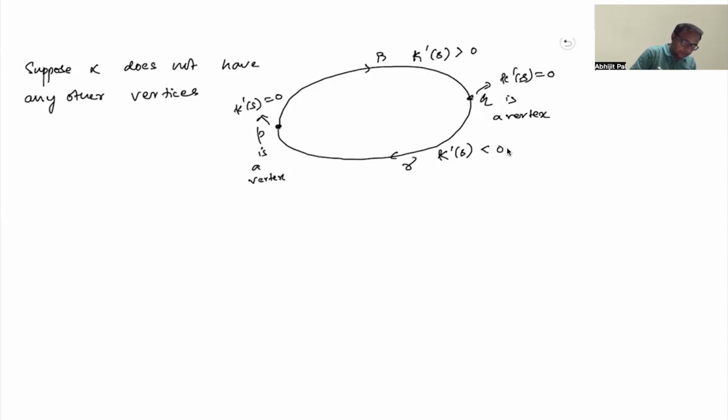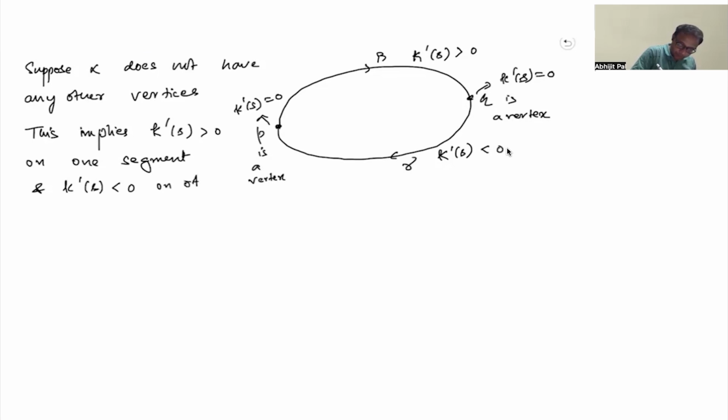So if alpha does not have any other vertices, this implies k prime s is greater than 0 on one segment and k prime s is less than 0 on the other segment of alpha.